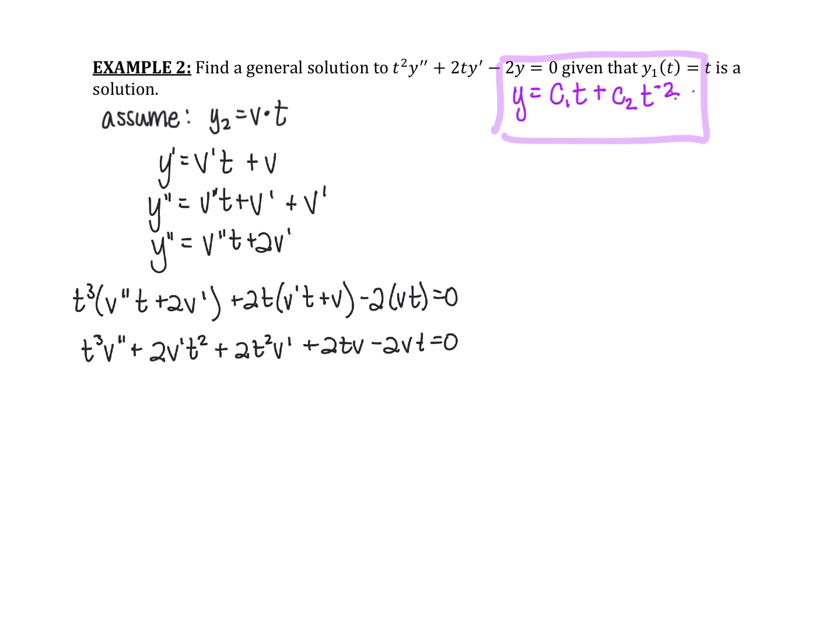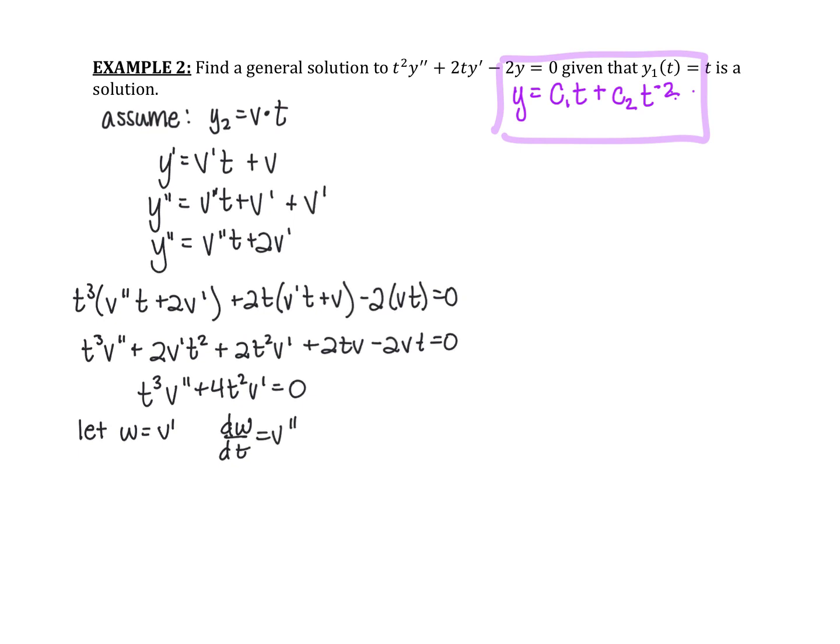Substituting in, combining like terms, we get... Hey, I got that. All right. So then what did you do? Let W equal v prime, and then dW/dt equals v double prime.